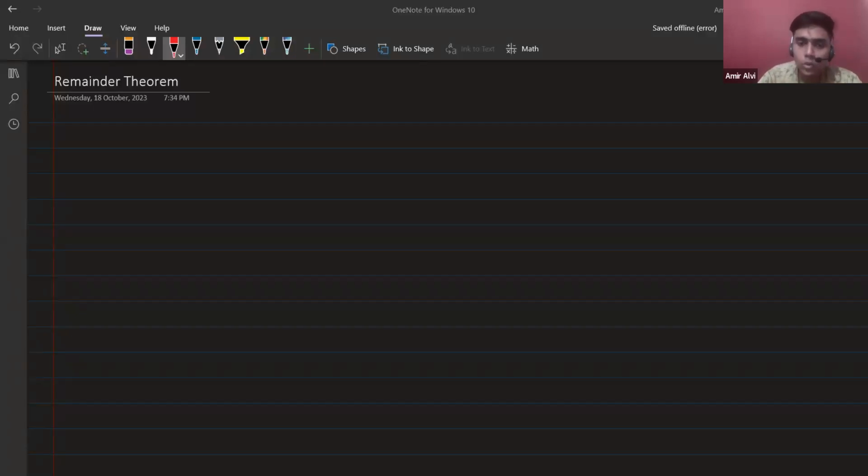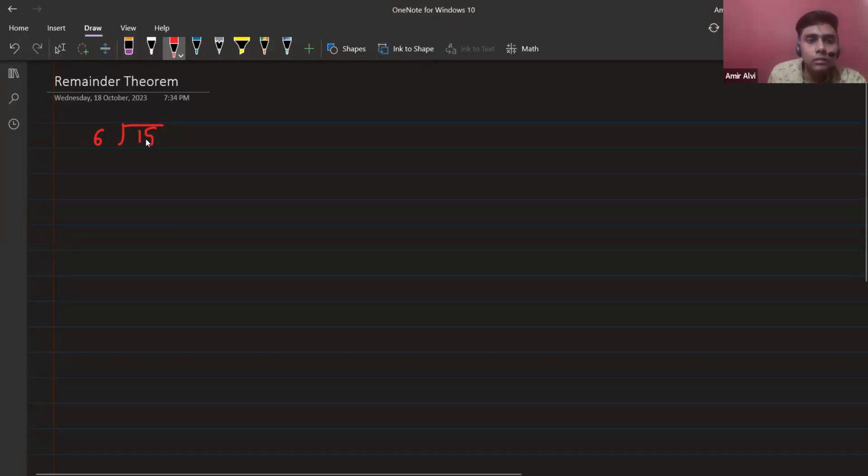Clear? Let's understand with an example. 15 is divided by 6. Can both of you divide it? How will you divide it? Is 15 in the table of 6?